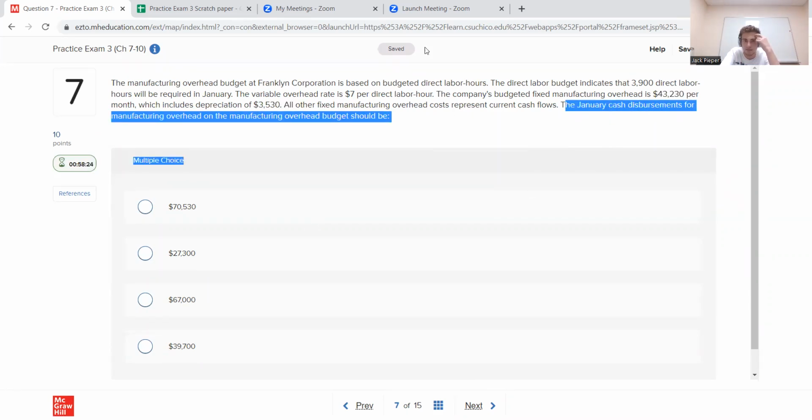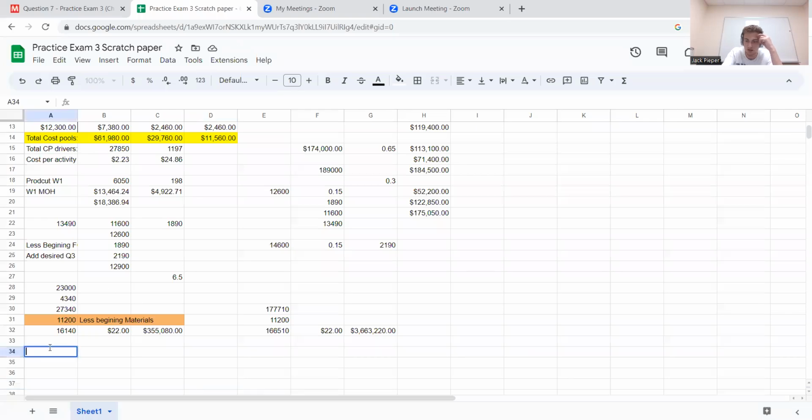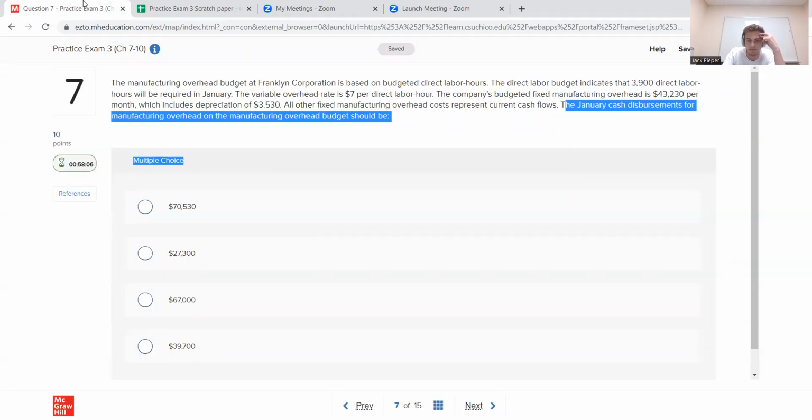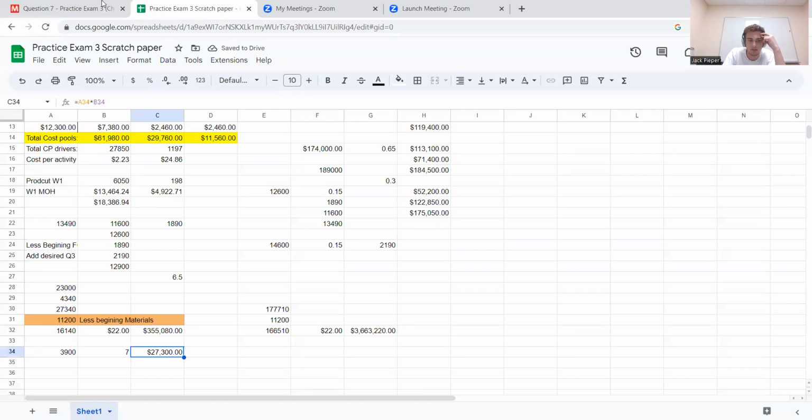So actually we'll just do this. So we'll do 3,900 at $7, and we'll get equals this times this in dollars. And then we will add in our 43,230. Again, that's in dollars as well.